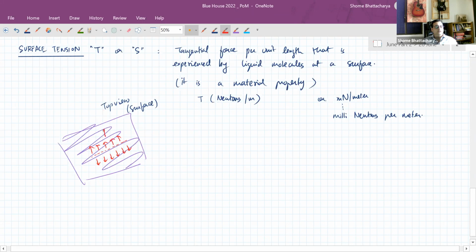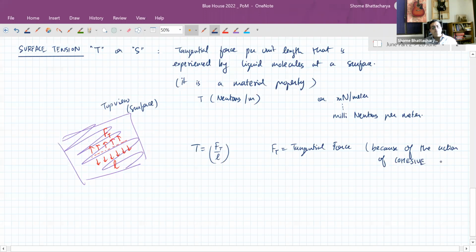So that tangential force per unit length is surface tension. That's basically because of the action of cohesive forces between molecules.